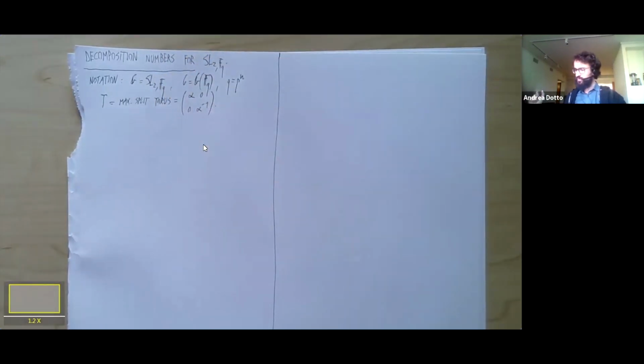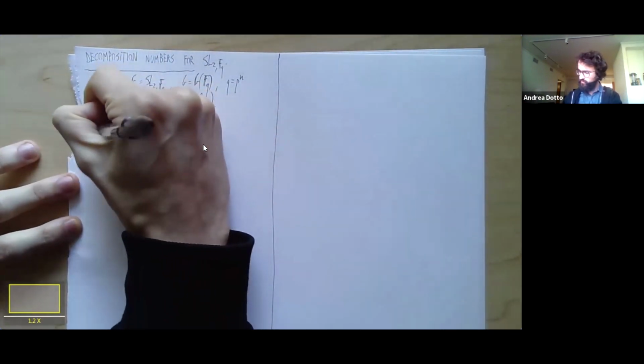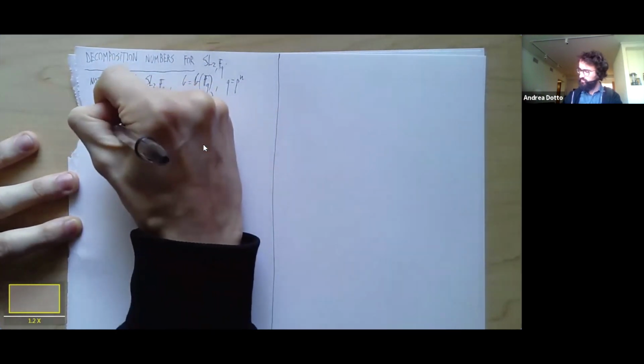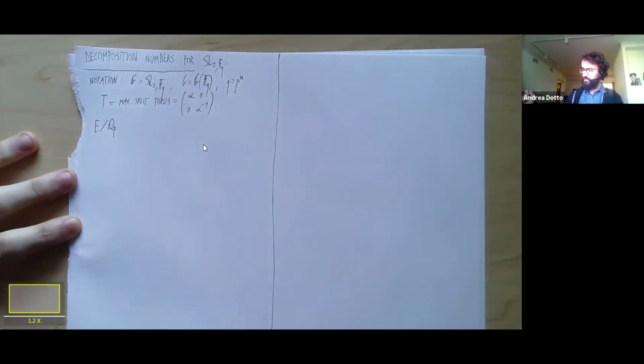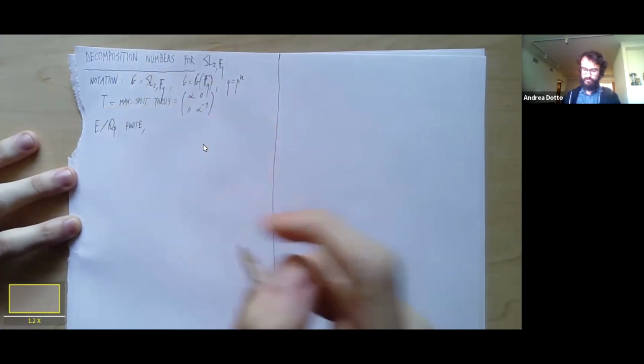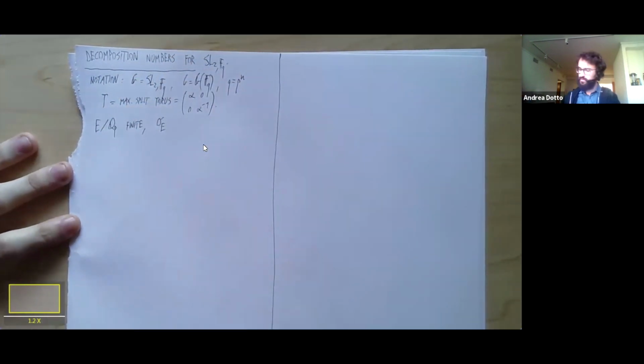Okay, so the problem we consider works in the following context. I'm going to work with a p-adic coefficient system. So E over Q_p is going to be a finite extension, and I am going to use the letter O_E. It is not supposed to be a sigma, although it looks like one.